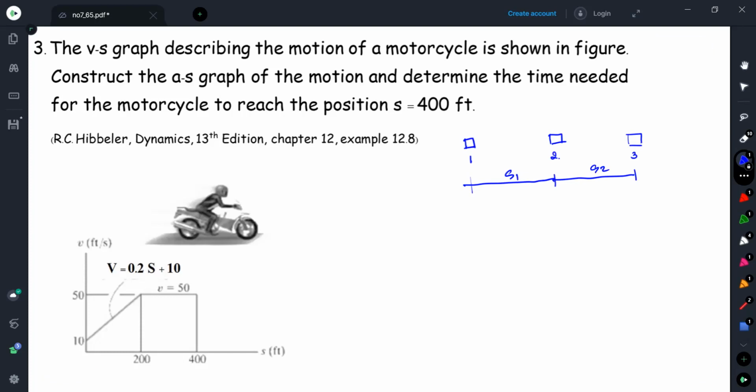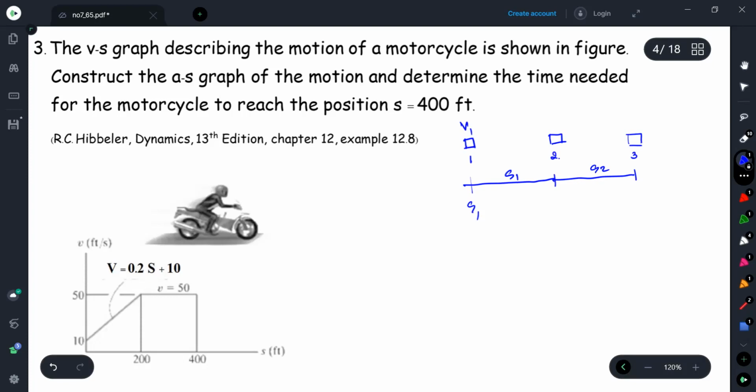So when the vehicle moves past the cameras that we set up, we can capture the velocity at position 1, that is we have V1 and S1.